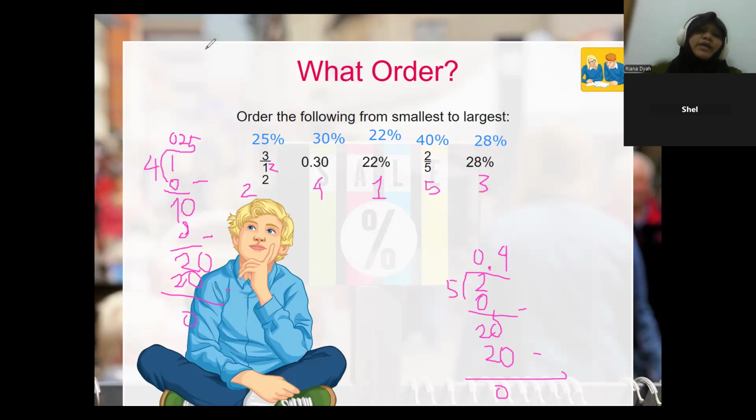So now we can make the line from smallest to largest, which is going to be 22%, and then after that 3 out of 12, and then 28%, and then 30% or 0.30, and then 2 out of 5.